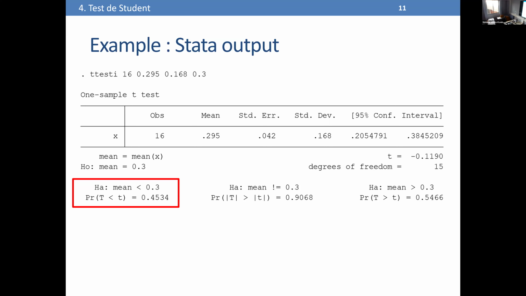This is always true, unilateral or not: if P is less than alpha, reject H0. If P is greater or equal to alpha, do not reject, okay? So it's equivalent because P, here we said P is this, you see? P is the area under the curve. This is P égale 0.45.